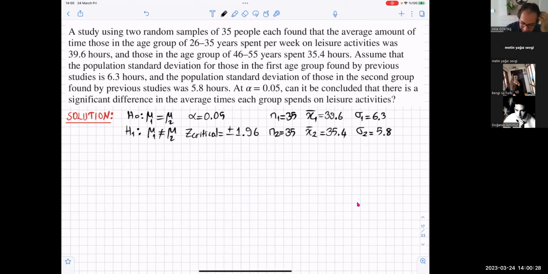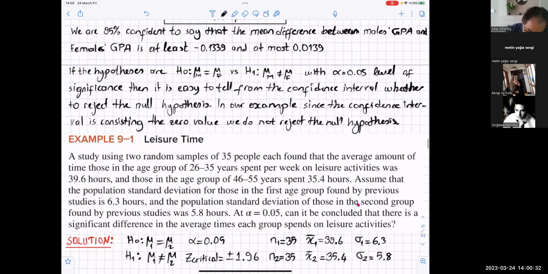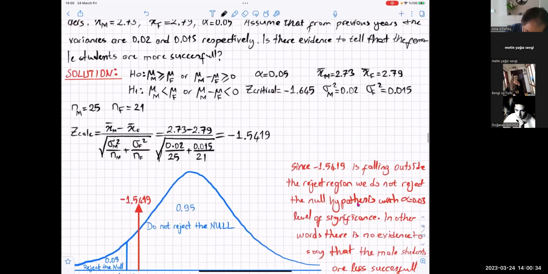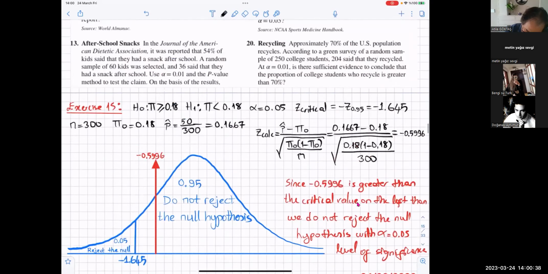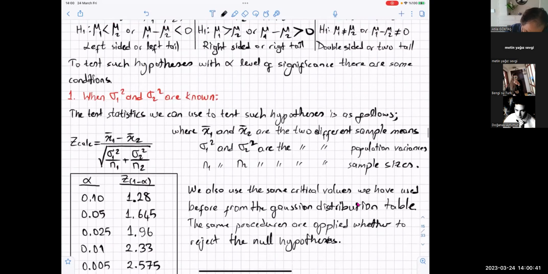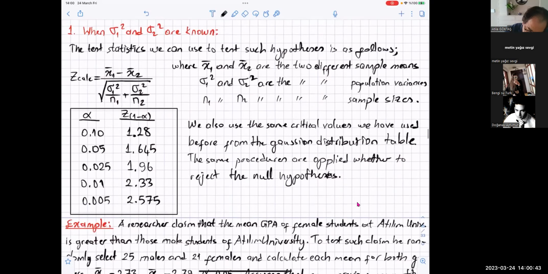Okay, everything is given, so the calculated statistic can be performed easily. I'm gonna copy from there. Should be somewhere. Yeah, there it is. Gonna copy this, the calculated statistic.